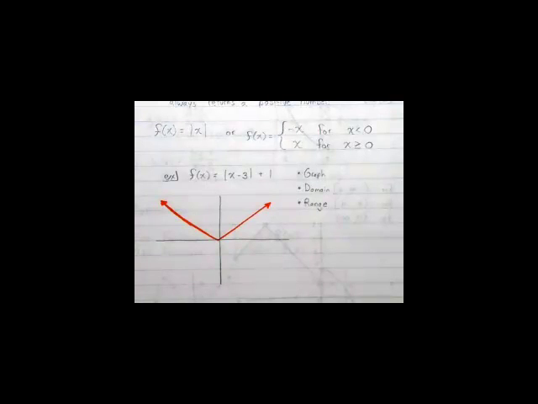In what direction? Raise your hand maybe, and I will call on you then. Okay, Rachel, go ahead. Up 1. Okay, yep. And to the right 3. Good. Remember, if it's on the inside of the function, then it's always the opposite of what the sign is. If it's on the outside, then that's going to be the same. So this is a right 3, up 1.